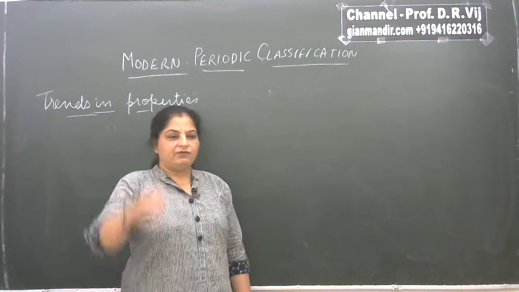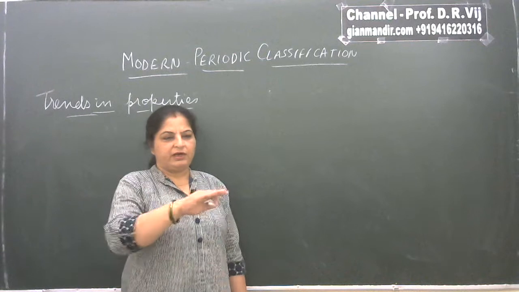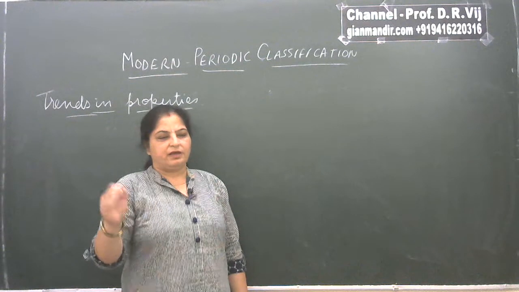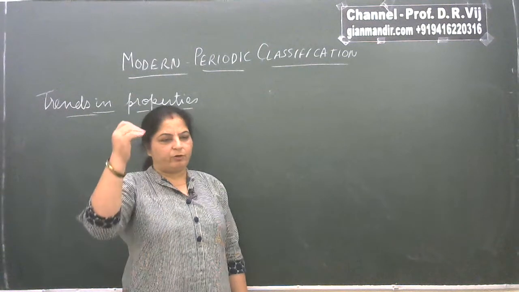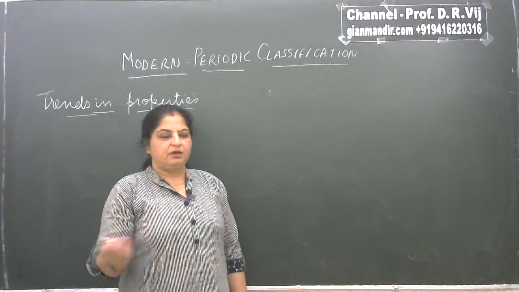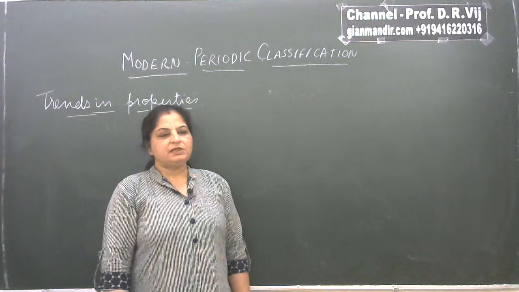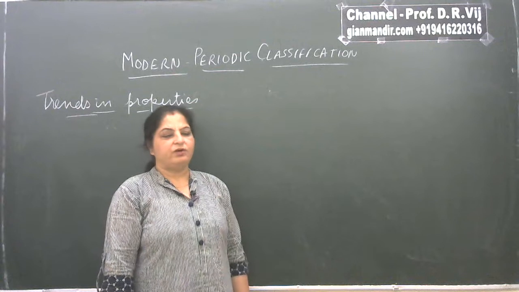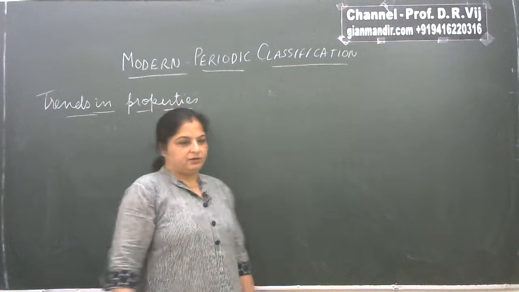It means that while moving down the group or going across the period, we observe a regular gradation in their properties. Either the properties are increasing down the group or they are increasing across the period, whatever is the case. These regular changes that we observe in the properties of elements are known as their periodic trends.